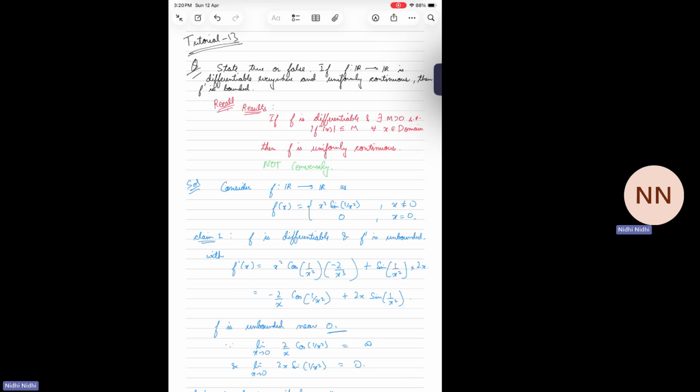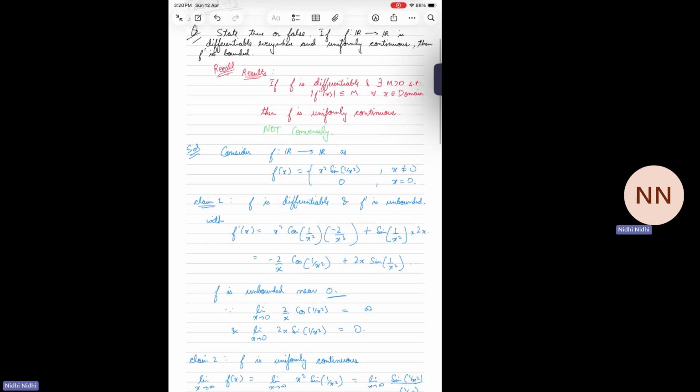That means if we have a differentiable function, boundedness of derivative will imply uniform continuity, but uniform continuity need not imply the boundedness of the derivative. I hope this is fine with everyone.